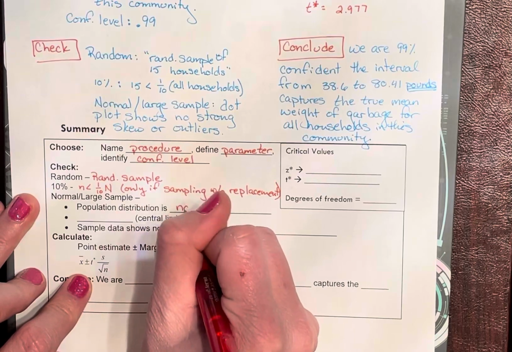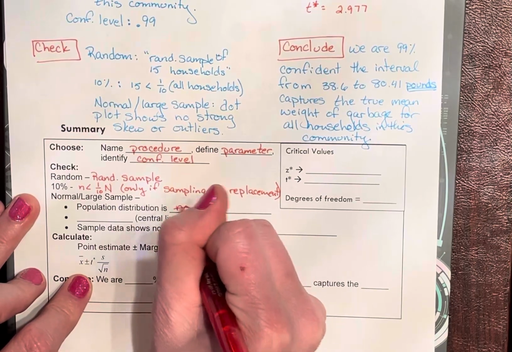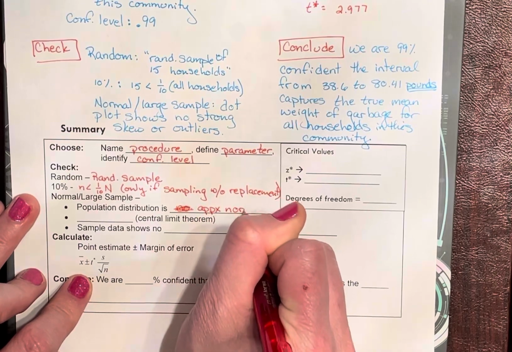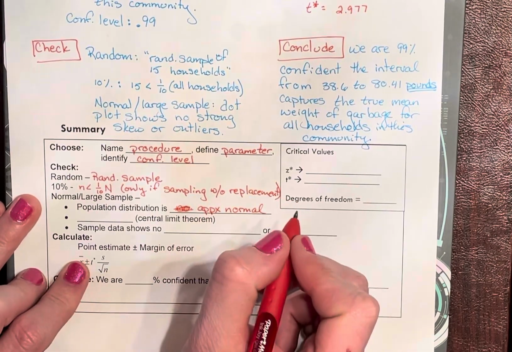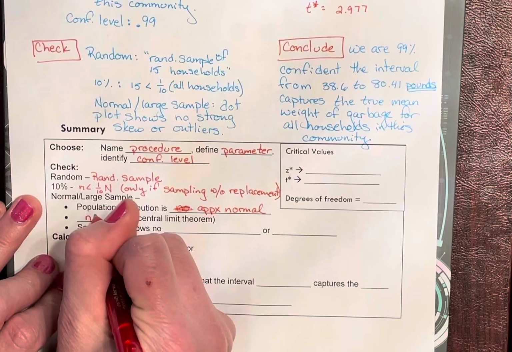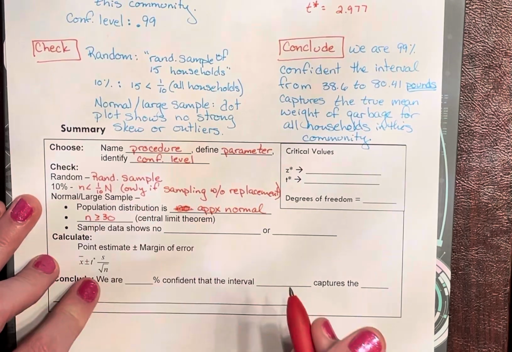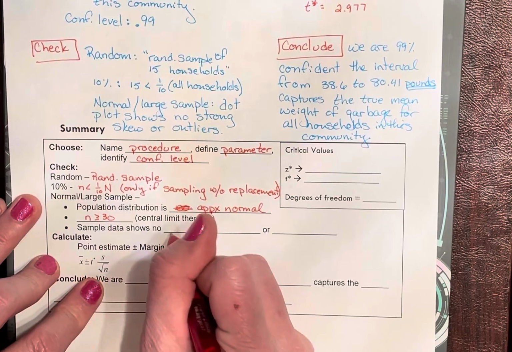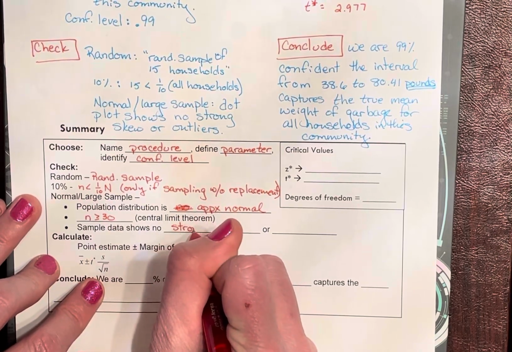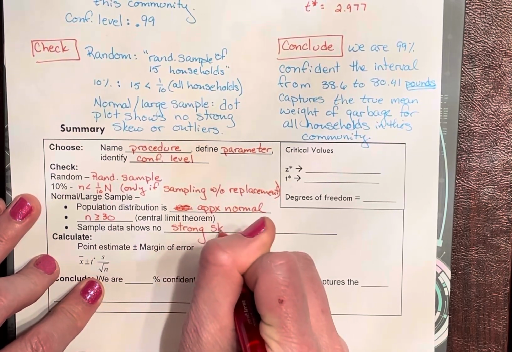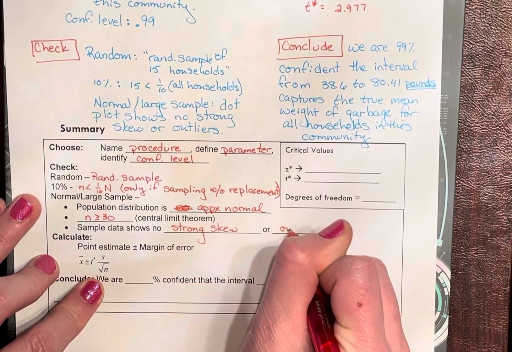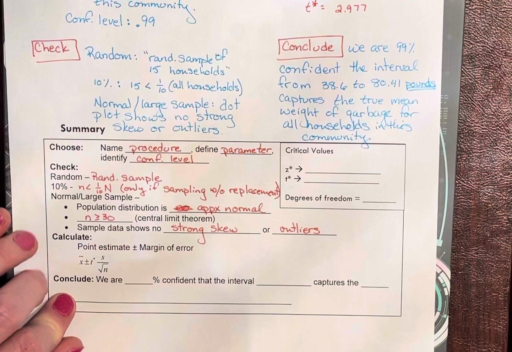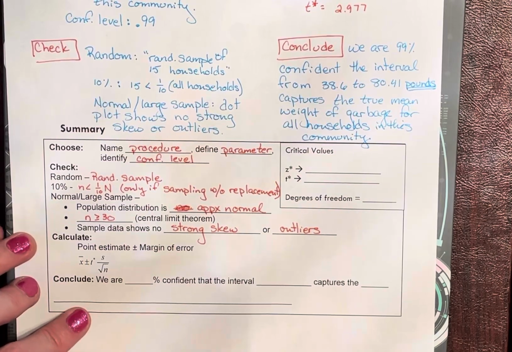Either the population distribution is approximately normal, or the sample size is greater than or equal to 30, that's your central limit theorem, or the sample data shows no strong skew or outliers. That's a wishy-washy way to meet it, but in a last-ditch effort, we'll do that.